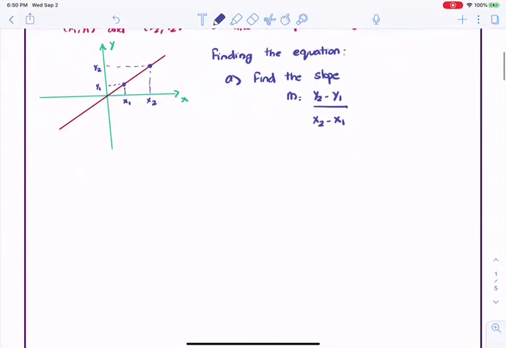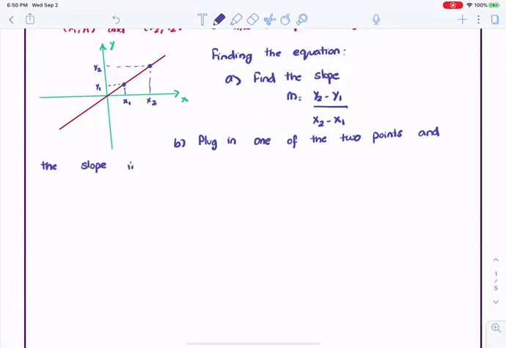The second step is to plug in and you solve for b.